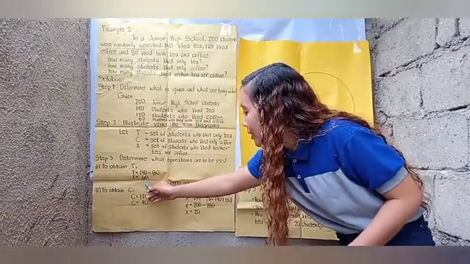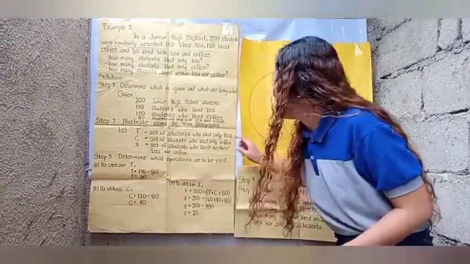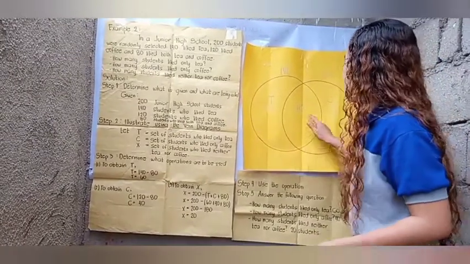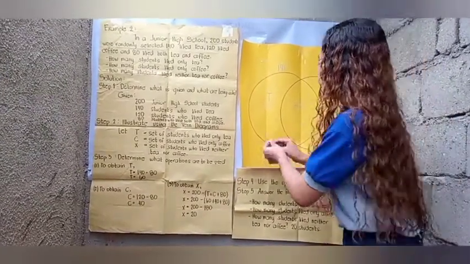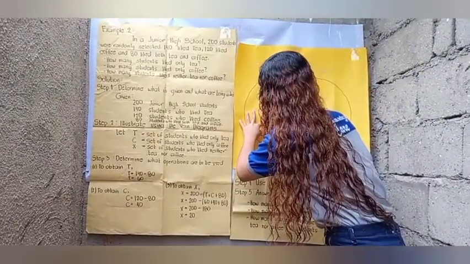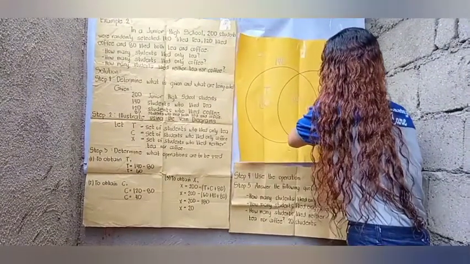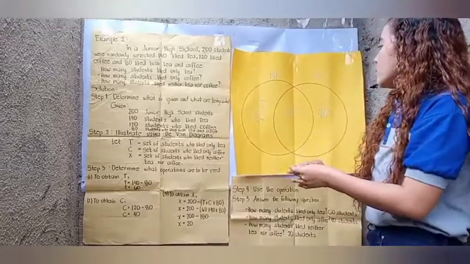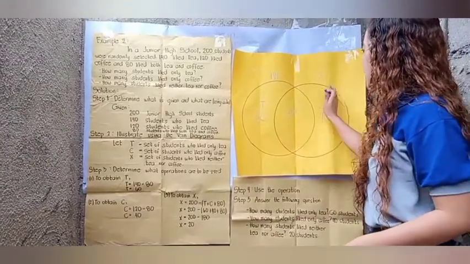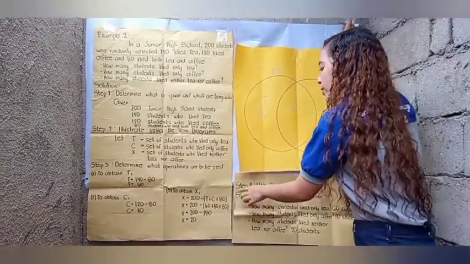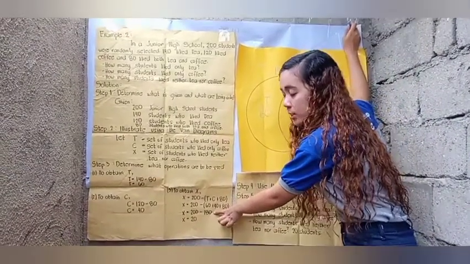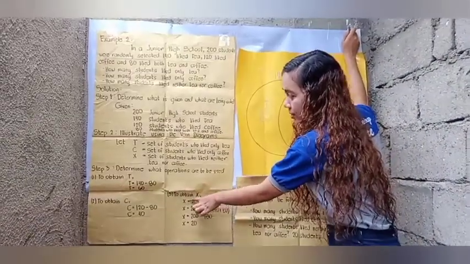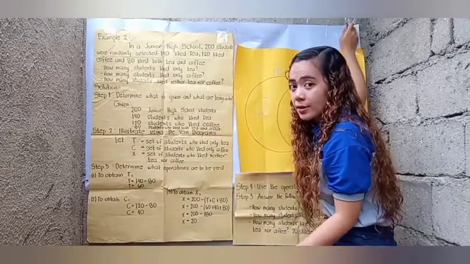So, ang gagawin natin, i-add natin yung mga values na meron dito and then mga values na meron dito. So, we have here 60 and then we have here 40. So, ang gawin natin, i-add up natin yung 60 plus 80 plus 40. So, meron tayong 180. So, ang gawin natin, i-minus natin siya sa number of students na randomly selected.